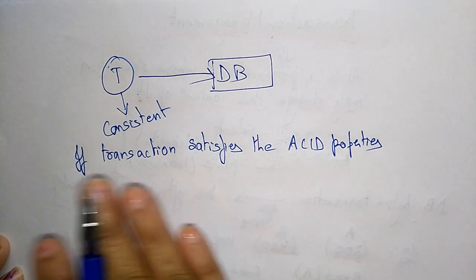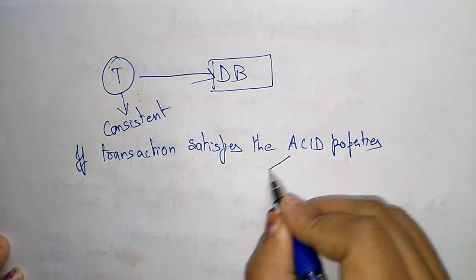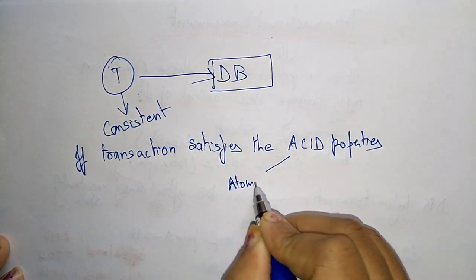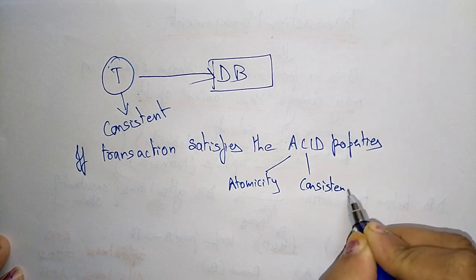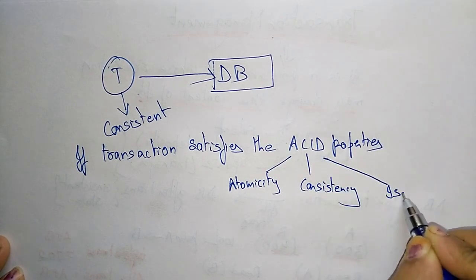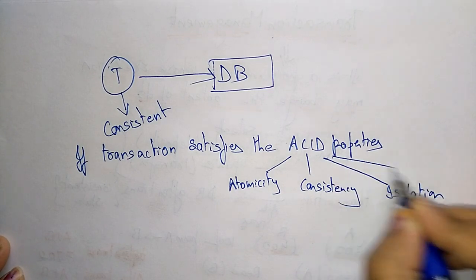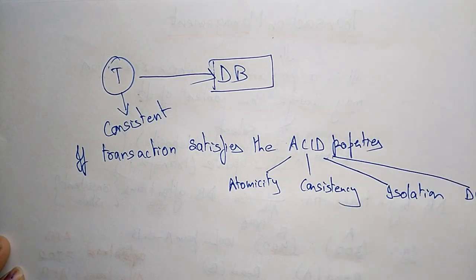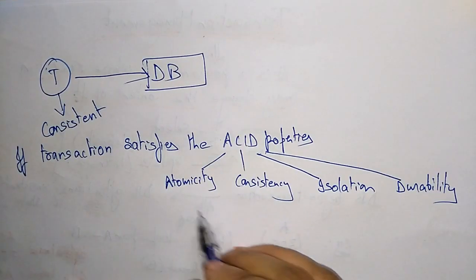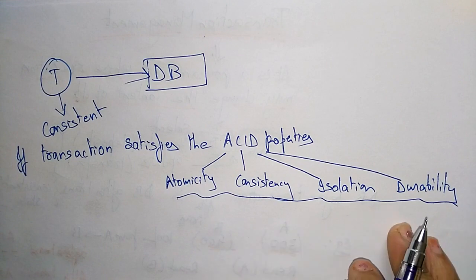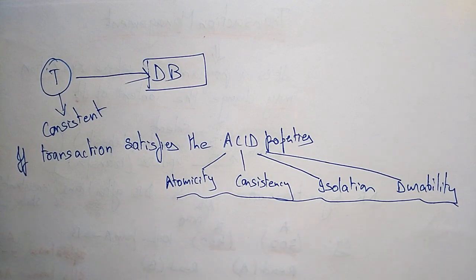If your transaction satisfies all the ACID properties, atomicity, consistency, isolation, and durability, these being the different ACID properties, then you can say that whatever transaction you are doing on the database is consistent and keeps your database in a consistent state.